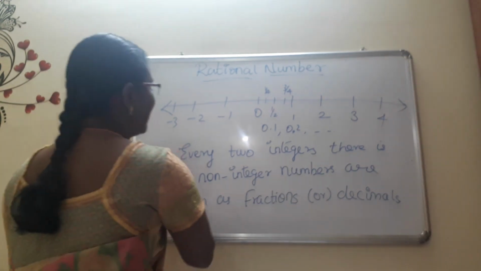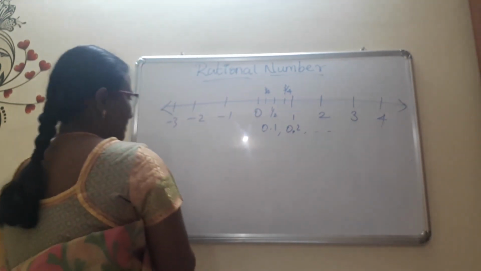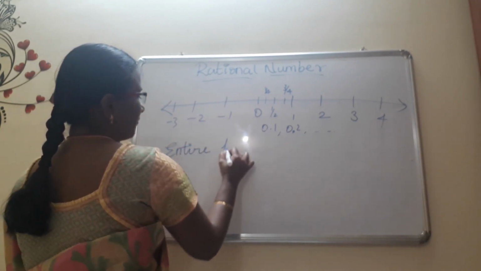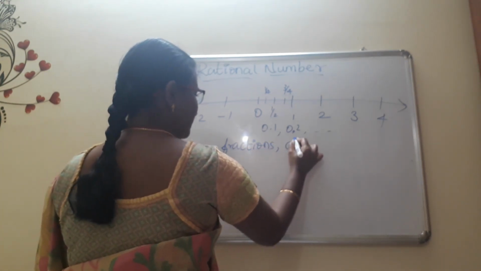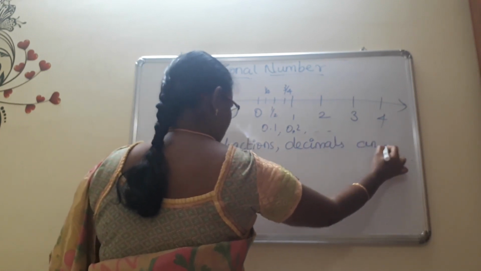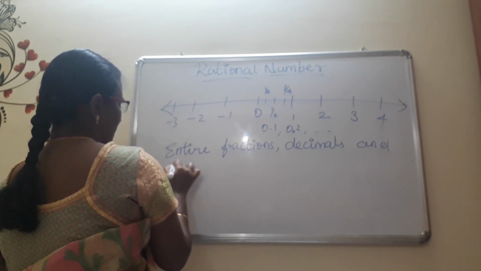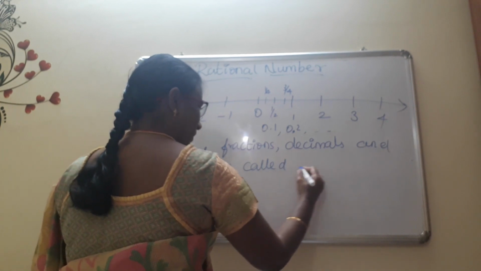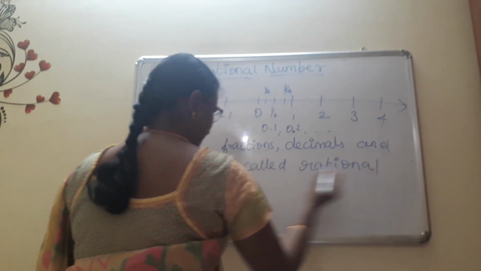So, all these fractions, decimals and integers are called rational numbers.